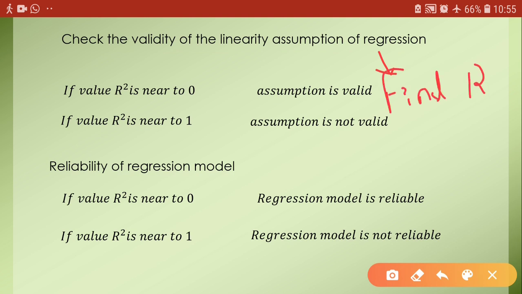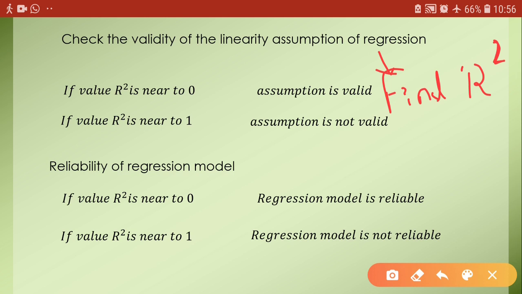It is not necessary that they will ask you directly to find the coefficient of determination. They will change the question and ask, check the validity of linear assumption of regression.